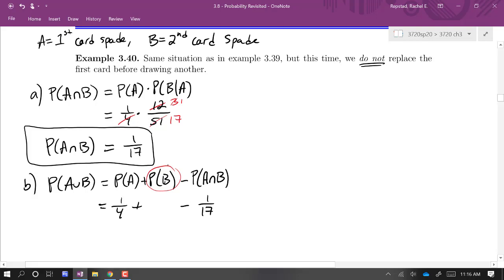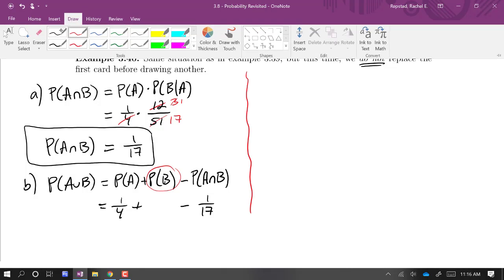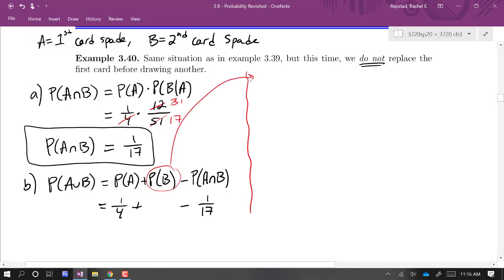So we have to understand that there are two ways that B can happen. I can either draw a spade after having drawn a spade the first time, or I can draw a spade after having drawn a card that's not a spade the first time. So I'm going to set this up by partitioning B into the two possible ways that B happens.